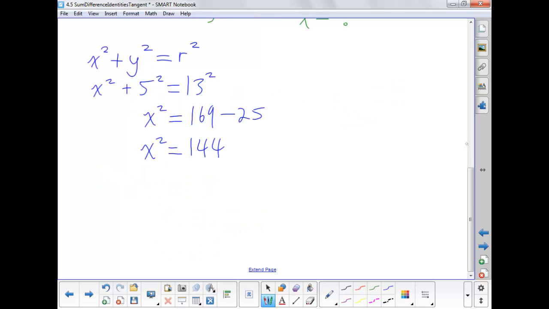Normally I have two options as to what x can equal here. Normally I would say it's either positive or negative 12, but I have to keep in mind what quadrant it says angle A is in. It's supposed to be in the first quadrant. Now I know x would be positive there. So x is positive 12.